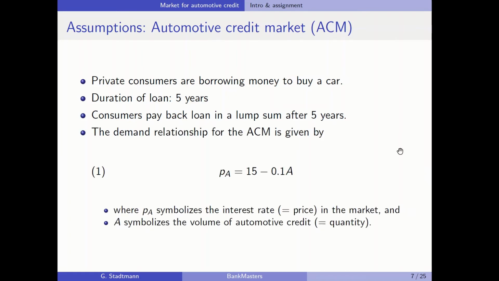The demand relationship for the automotive credit market is given by P_A = 15 - 0.1 times A. In this first equation, P_A symbolizes the interest rate, the price in the automotive credit market, and A symbolizes the volume of the automotive credit market.